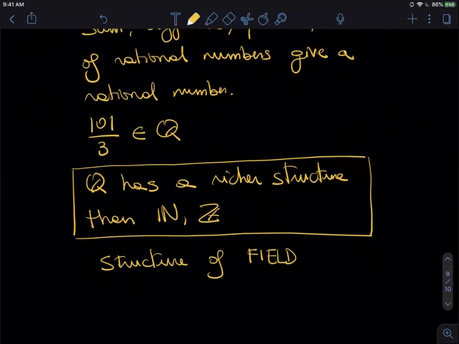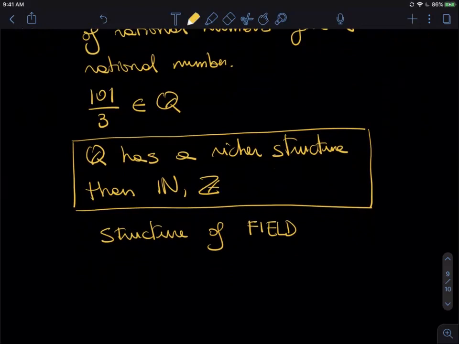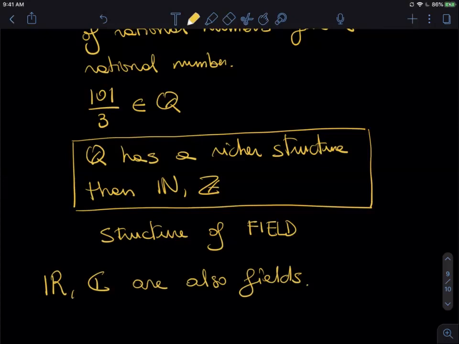For now, I just want you to know that there are other examples of fields. In fact, the real numbers and the complex numbers are also fields. There are more complicated examples, but we don't need to go there. So the takeaway of this video is to understand that the structure of field is important for us because it's the structure that the real numbers and the complex numbers have.